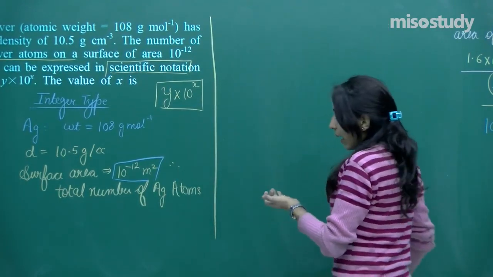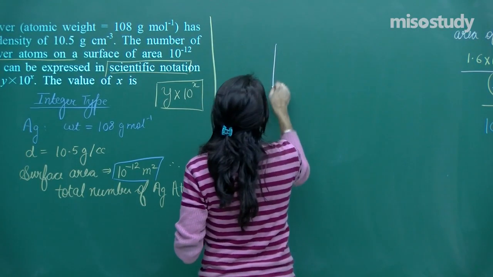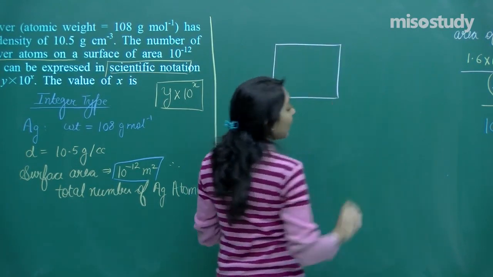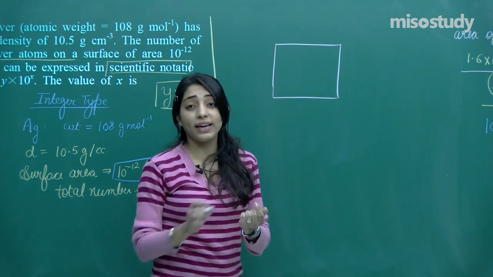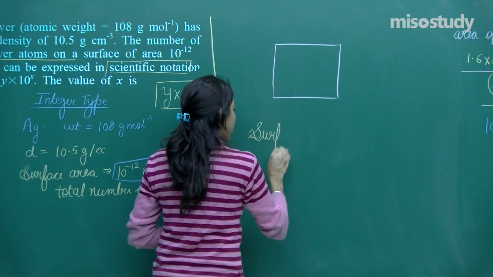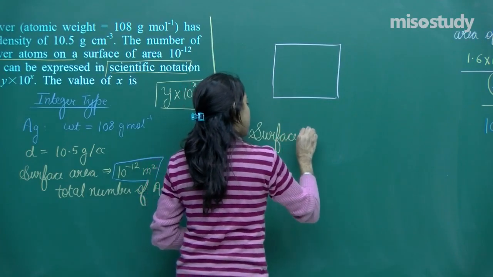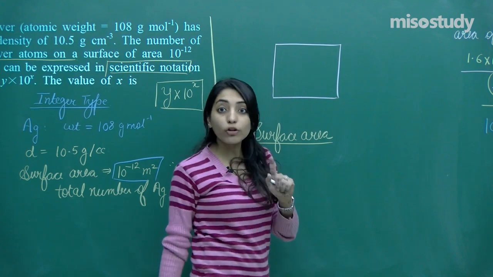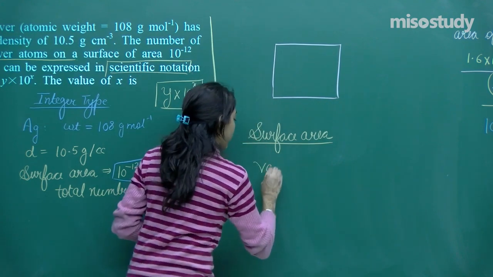So if I am asking you to take an approximate total, see guys, listen to me very carefully. We are talking about surface area. We are not talking about volume.